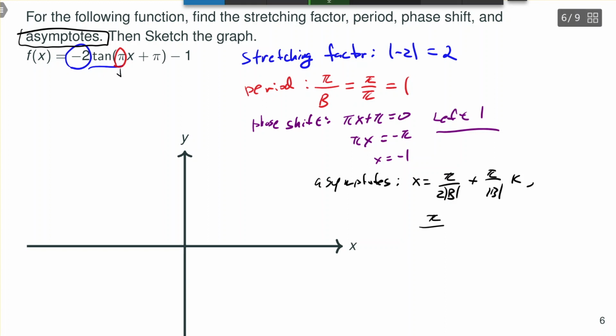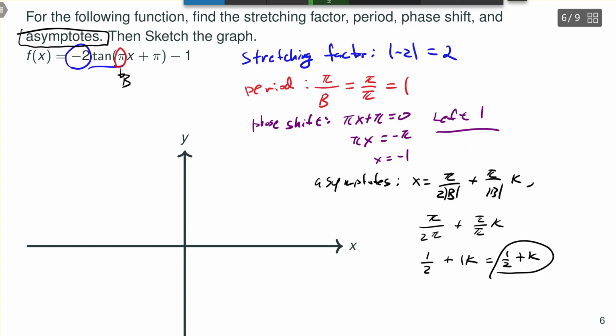So we have 2 pi over pi plus pi over pi k. The pi cancel out, giving half plus 1k, which is just half plus k.